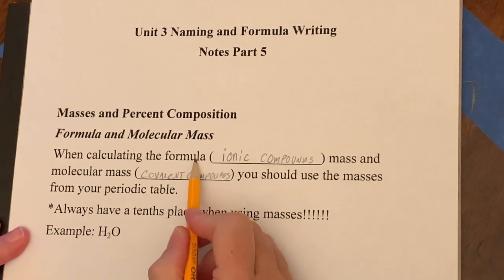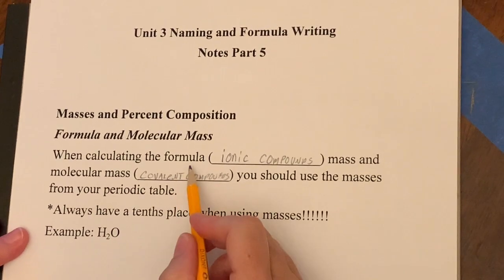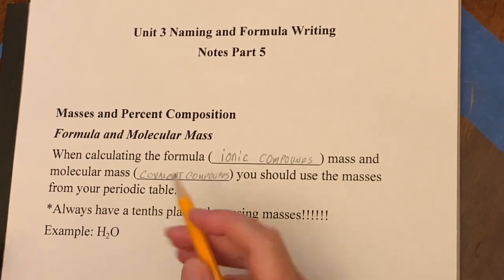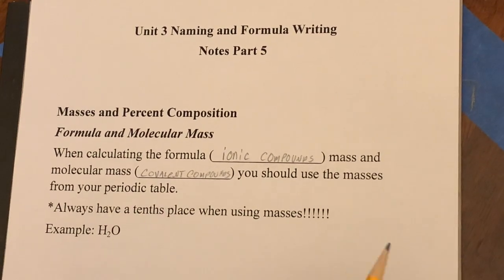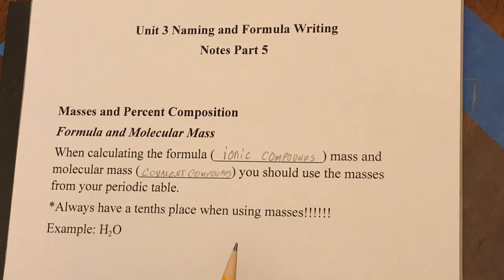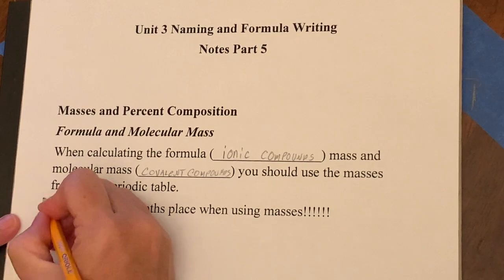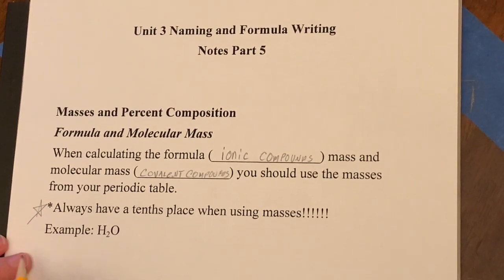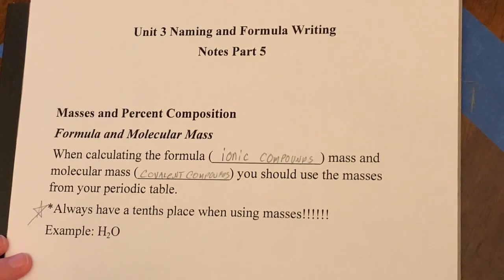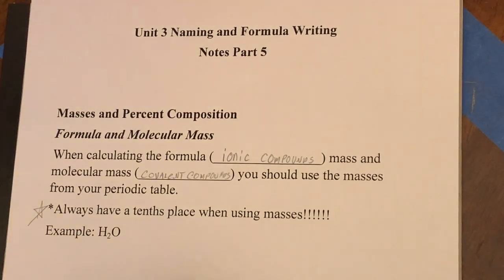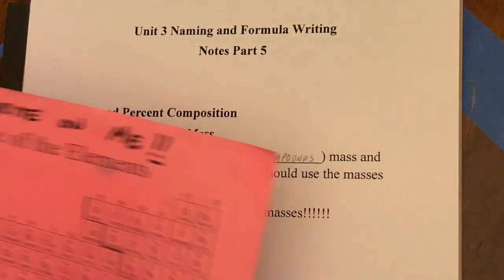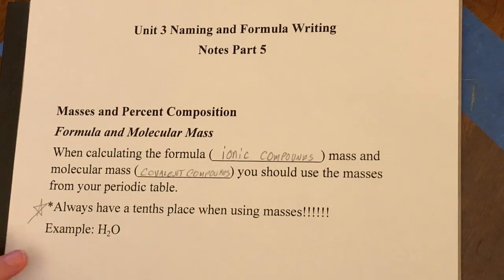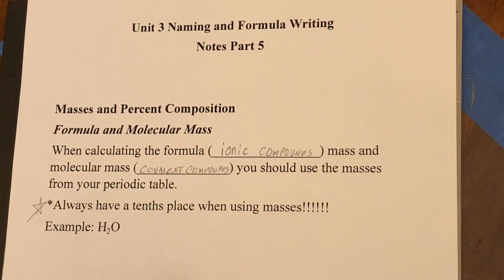While technically these two things get different names, the process to solve for it is exactly the same. Something really important to remember is that you are always going to use a tenths place when it comes to these average atomic masses on the periodic table. So let's start out with a nice, easy example, and that's water.